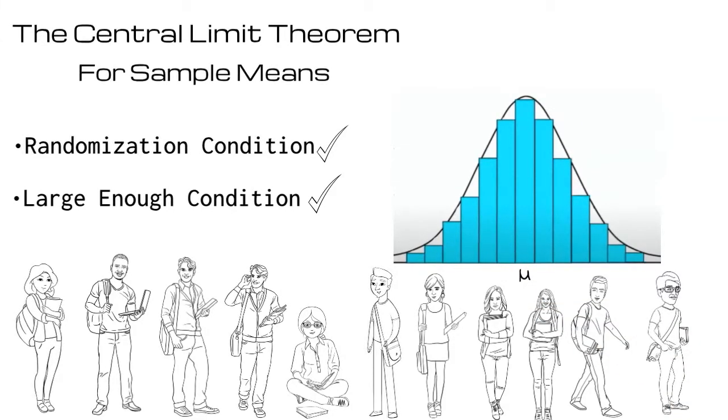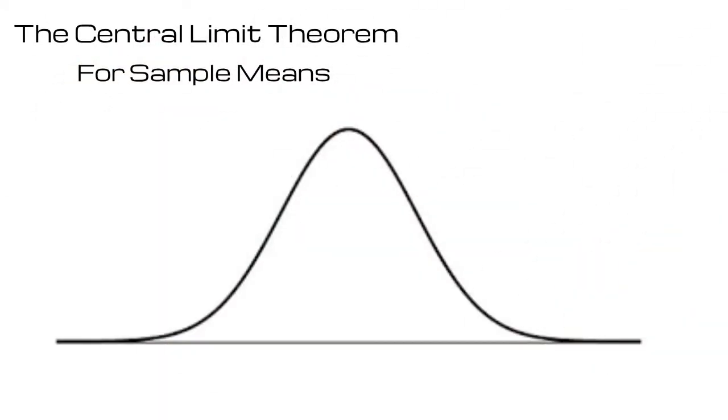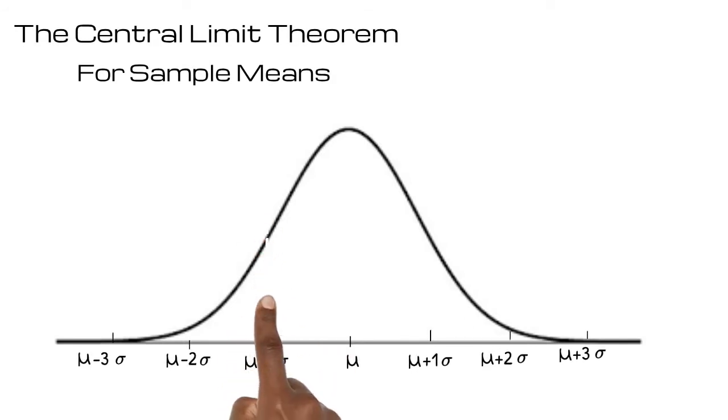Before we jump into an example, let's make sure we remember what the normal model looks like. In our normal model for the mean, the actual population mean will be at the center, and most of our sample means will lie within 3 standard deviations below this mean and 3 standard deviations above this mean.